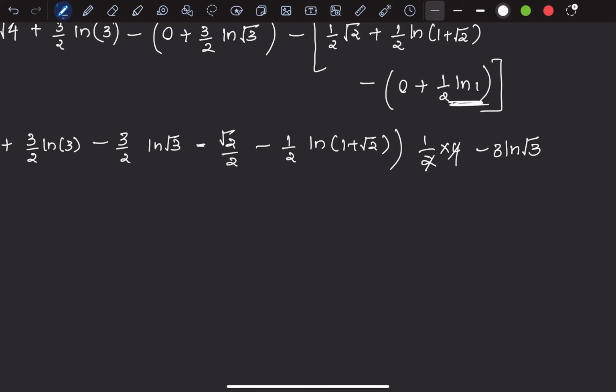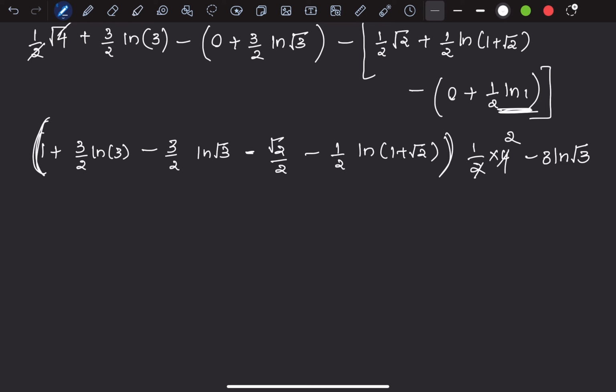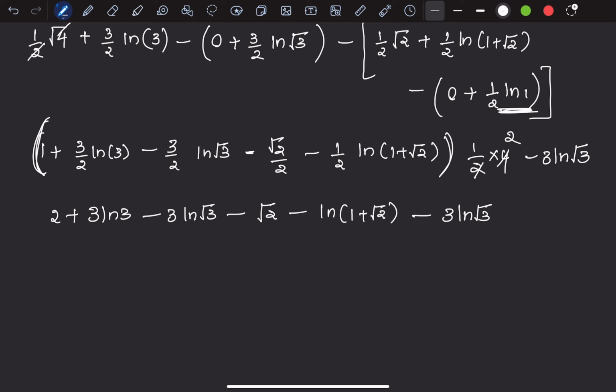Alright. So this will be simply 2. So you have to multiply this whole bracket with 2. So that will be 2 plus 3 ln 3 minus 3 ln root 3 minus root 2 minus ln 1 plus root 2 minus 3 ln root 3. Alright. So 3 ln 3 can be written as 3 by 3 into 2 ln root 3.